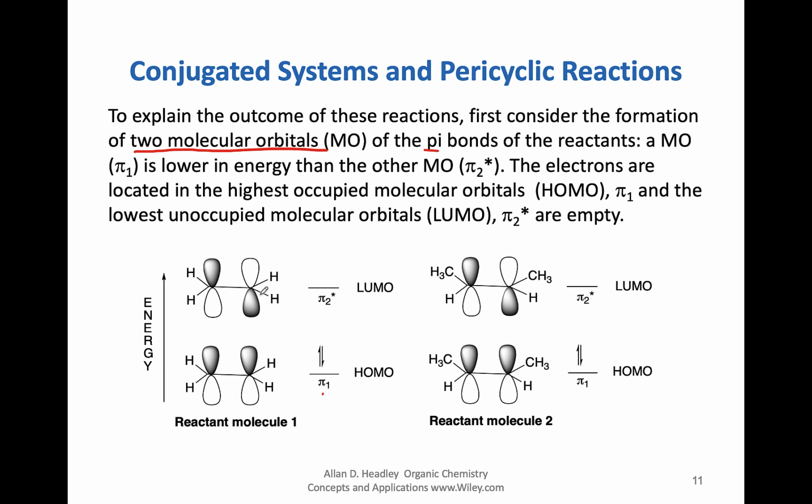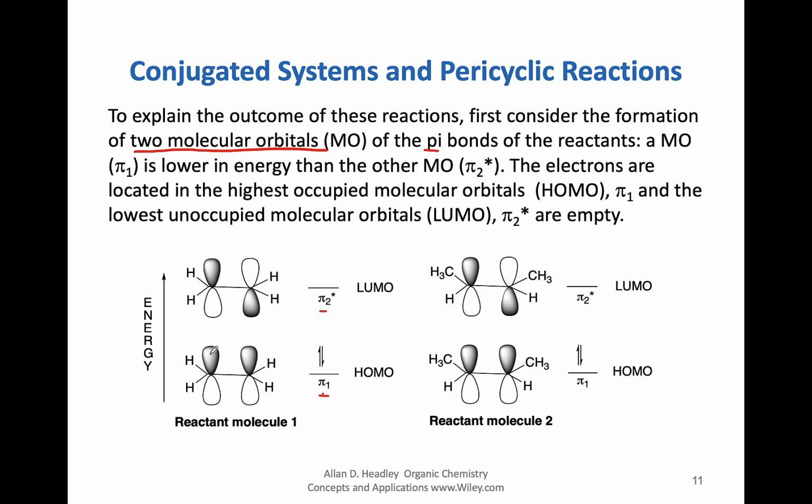So for these two molecular orbitals, one is lower in energy, pi 1, and the other one is higher in energy, pi 2 star. To differentiate between these two, you will see here that we have colored the top part of these pi bonds, and we have reversed it. That's just to show that there is a difference.